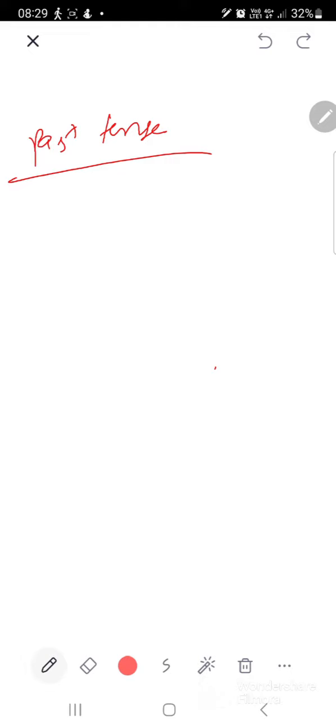Body of the paragraph, the commonly used tense is the past tense, right? So we could have past simple, we can say past perfect, right? So let's say, maybe we can write it down.